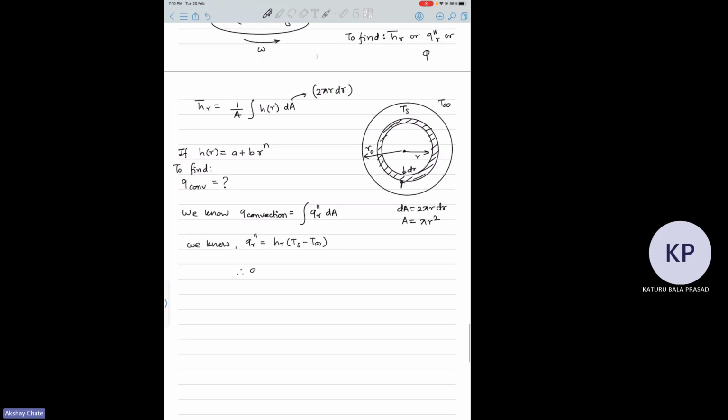Therefore your Q convection is nothing but the integration of h(r) Ts minus T infinity into dA.